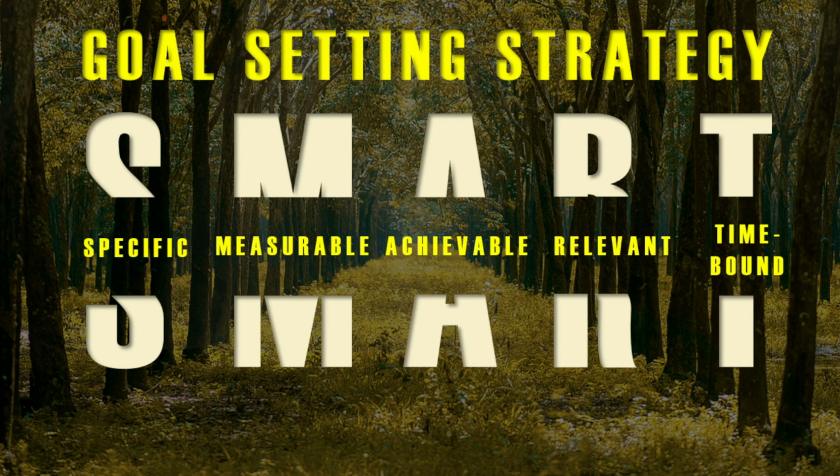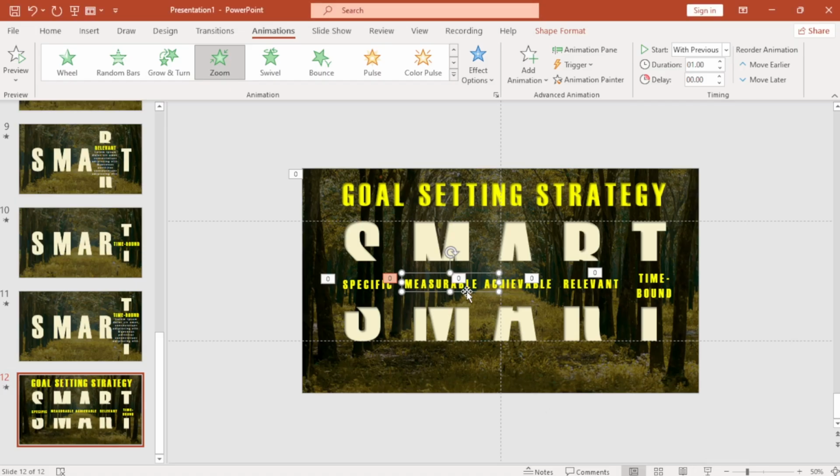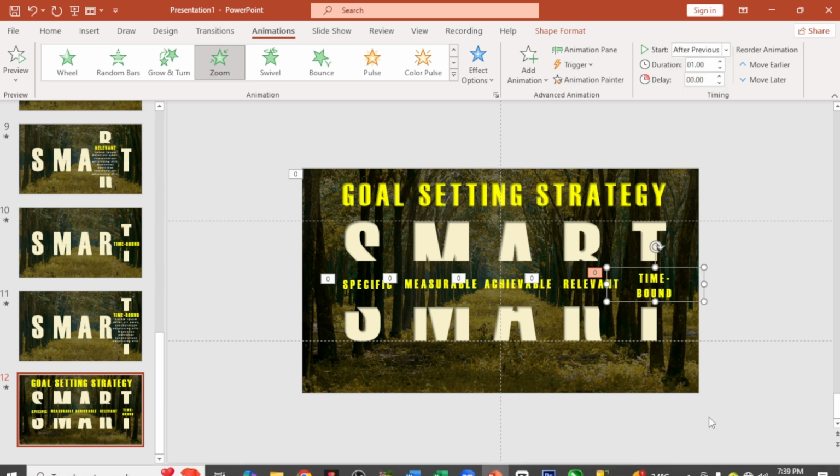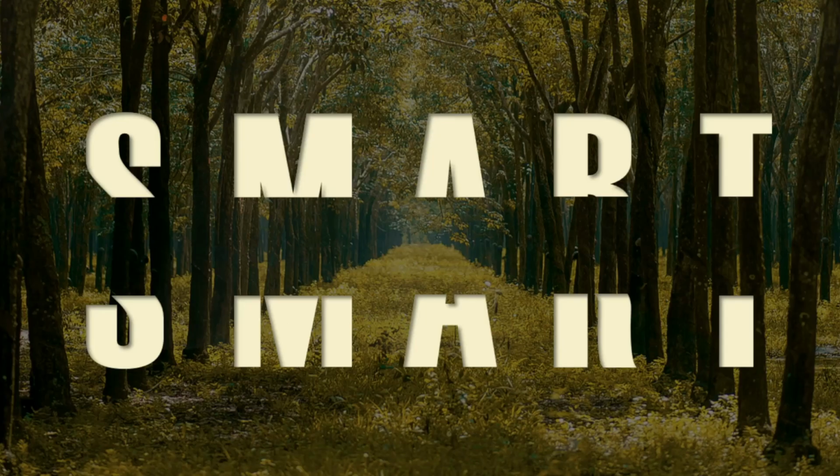Now what we are going to do is set this to start after previous. Then we have this start after previous, and come over to this one. We set it also to start after previous. Then this as well, I'm going to set it to start after previous, and this as well. And then let's preview and see what we have.